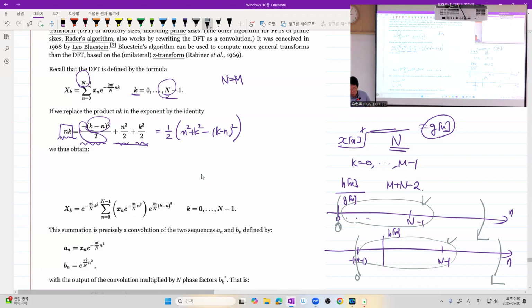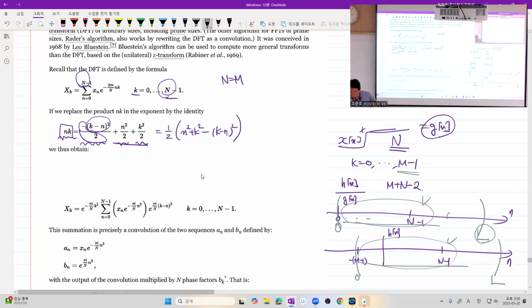So you need to choose L greater than or equal to that length. Of course, by using the fact that you only need M minus 1 outputs, you may reduce the length, but the simplest approach, because we have enough computing power, is that L is chosen as the summation of these two lengths. Then it's usually enough.